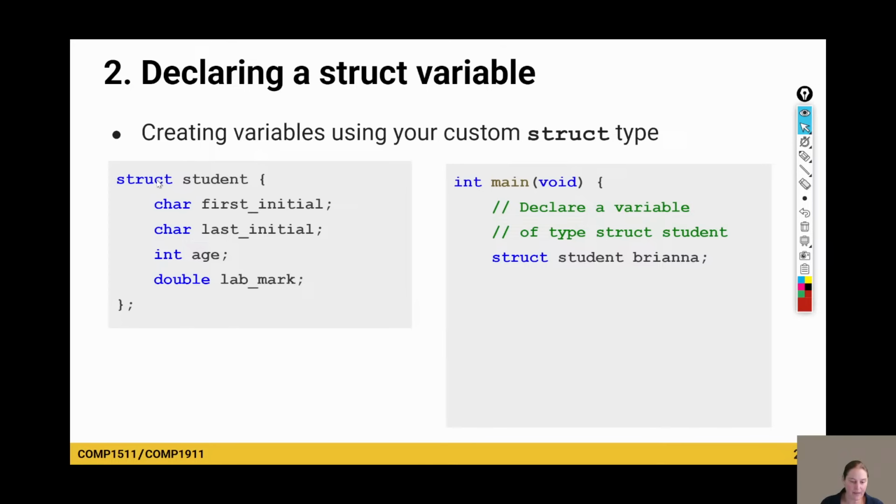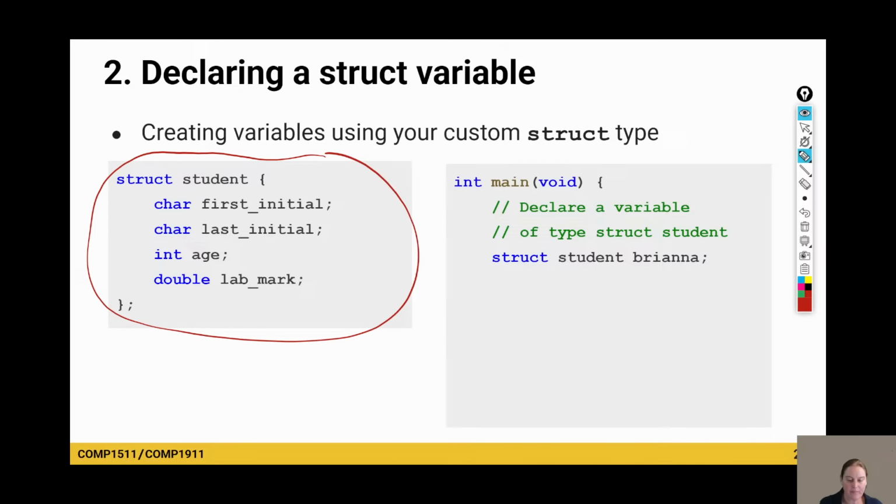So I've defined this struct, and now I can create variables of this type. Over here, we're using this type and asking for a variable of this type, and we've given our variable a name. When we do this, like with any variable, we get a chunk of memory. But in this case, it's got to be big enough to store 2 chars, an int, and a double. And it's all going to be packaged up together.